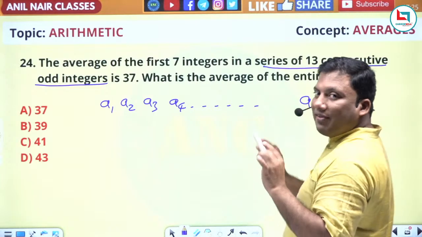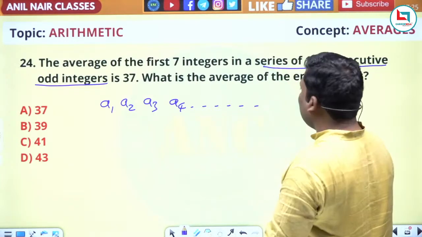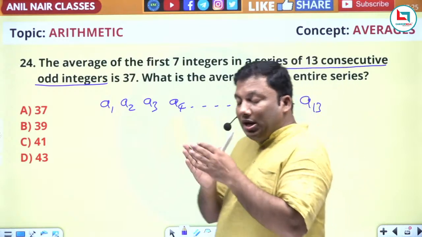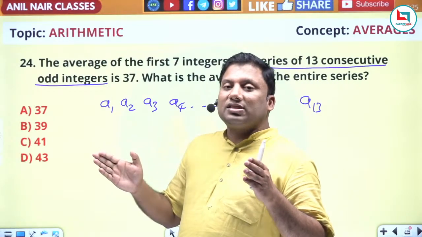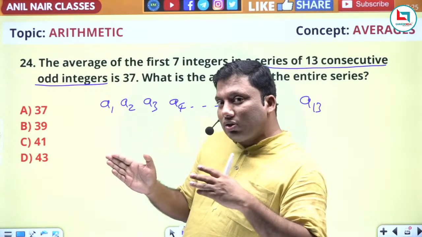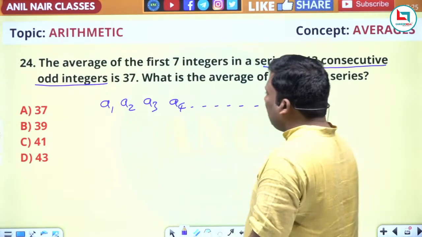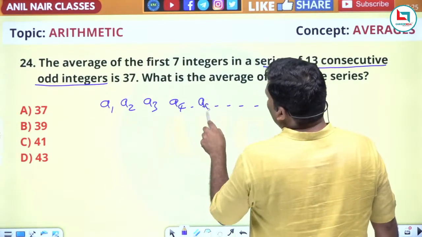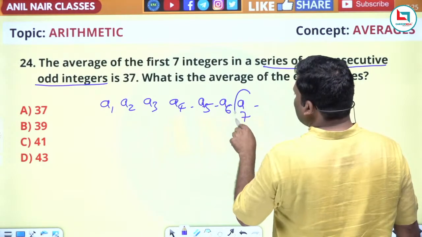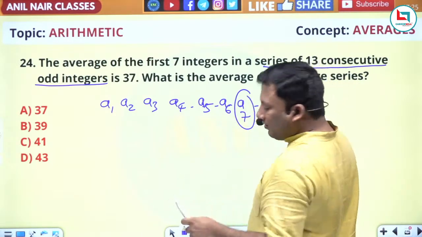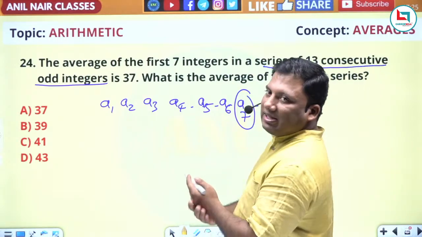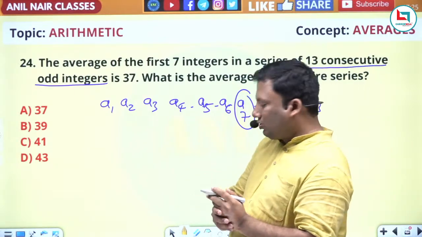They are consecutive odd integers. What is the average of them? If 13 numbers are there, what will be the average? 6 to the left, 6 to the right. What is the middle value? A7. That means our focus point is on A7. A7 is the average. Why A7? 6 to the left, 6 to the right. Middle value is A7.